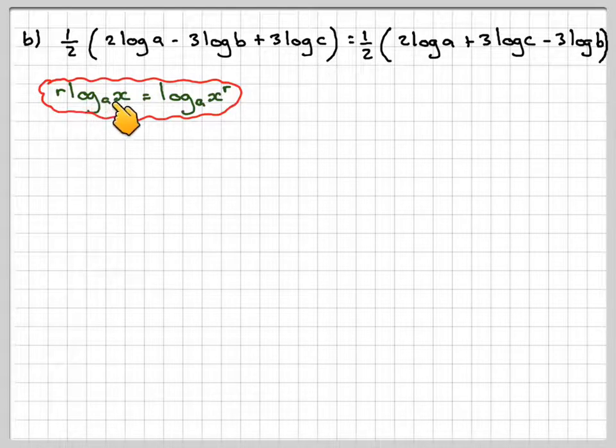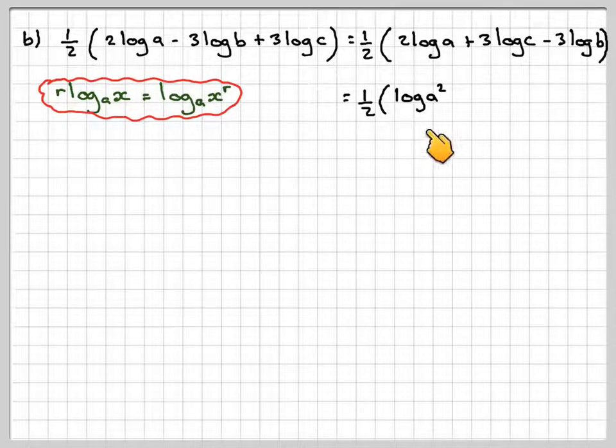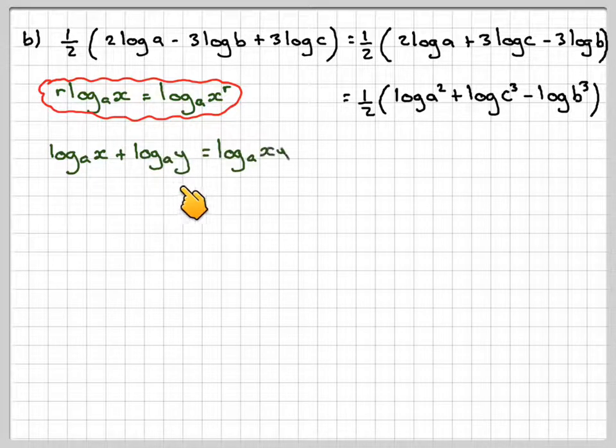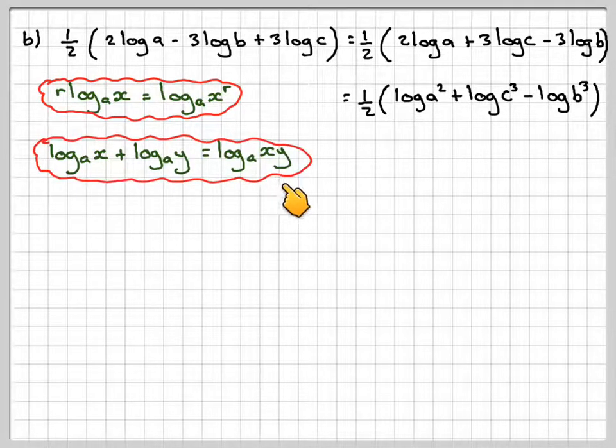We've got r log a of x is equal to log a of x to the r. This will become a half brackets log a squared plus log c cubed minus log b cubed. So that's applying that to each of these individually. Now looking at these two here, and applying log a of x plus log a of y is equal to log xy.